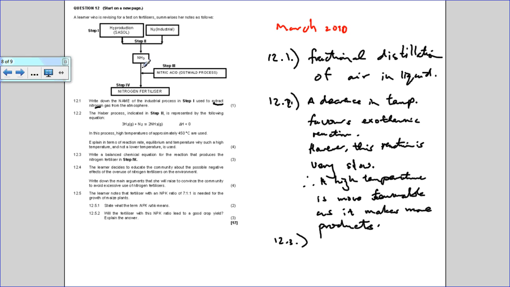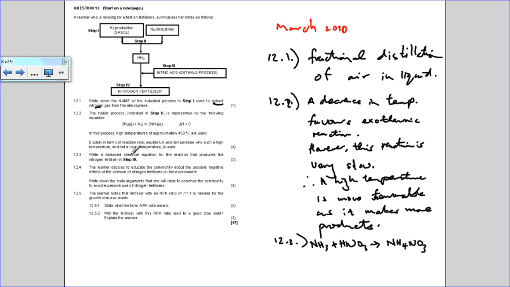We see that yes, NH3 and nitric acid, which is HNO3. So we can say NH3 plus HNO3, ammonia plus nitric acid makes NH4NO3, ammonium nitrate.